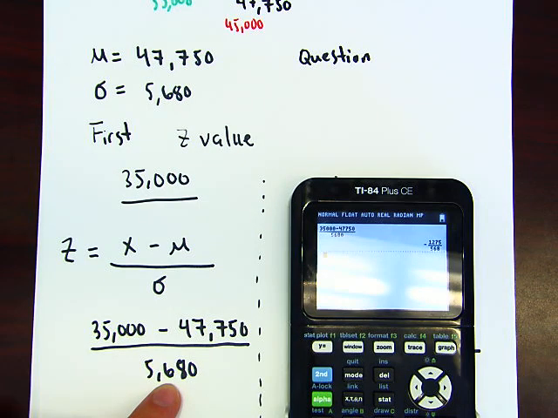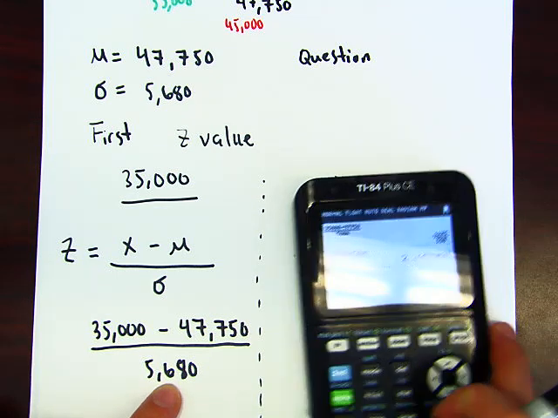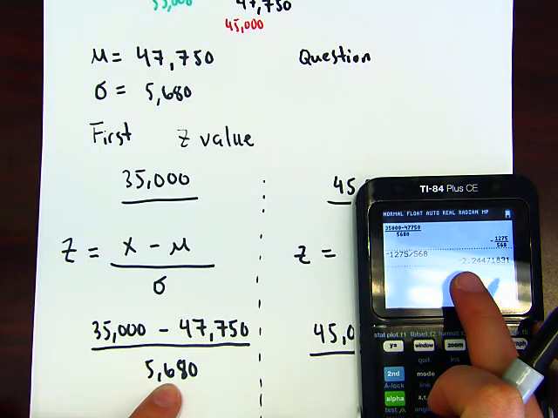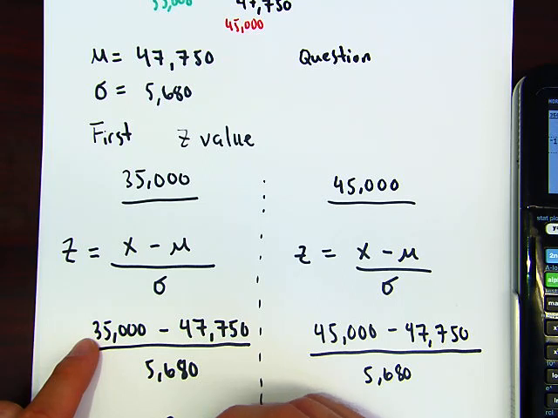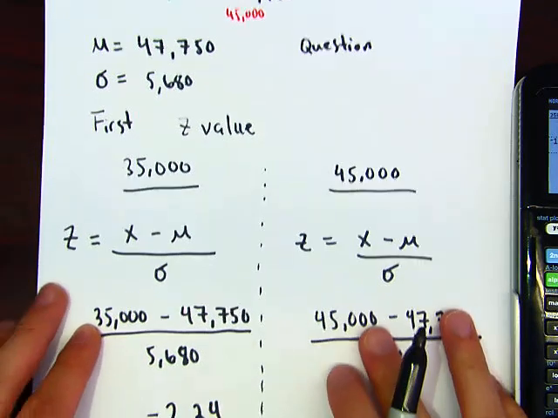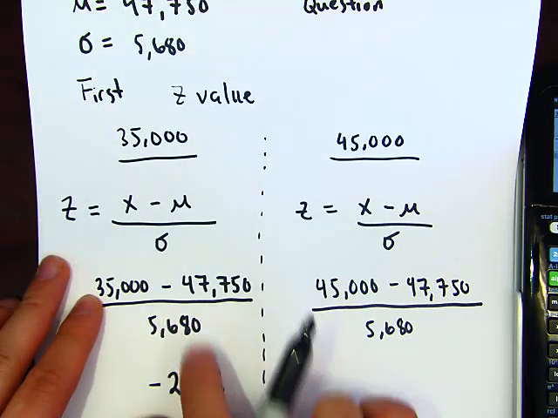Okay, let me just do this. -12,750 divided by 5,680. Right, okay, enter. Okay, so I have -2.24. So this is -2.24. That's the z value for this.